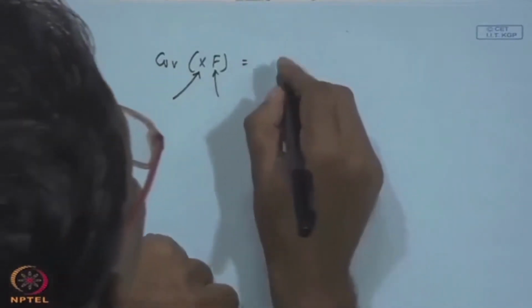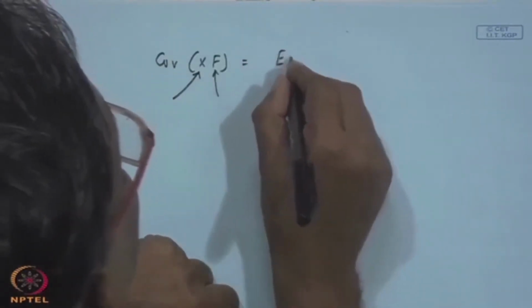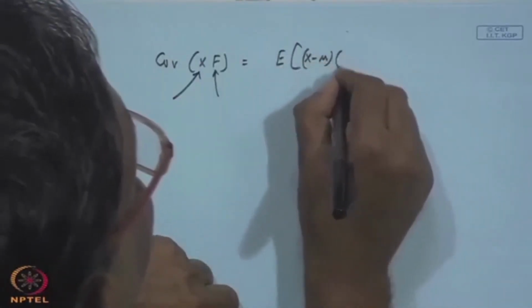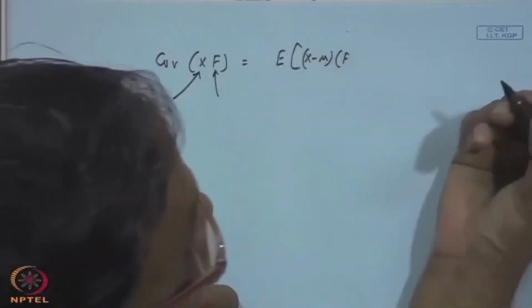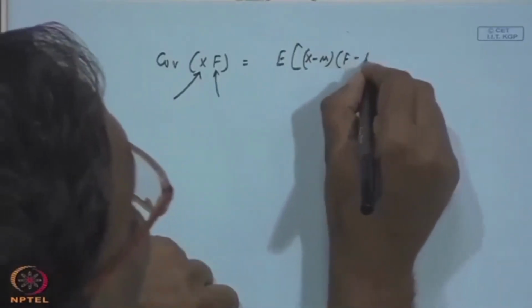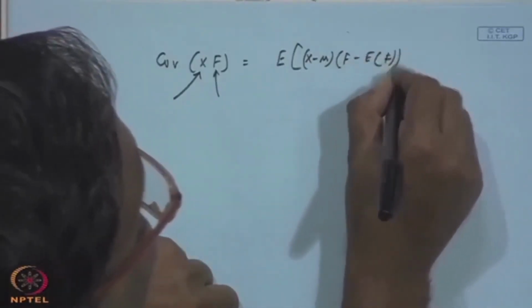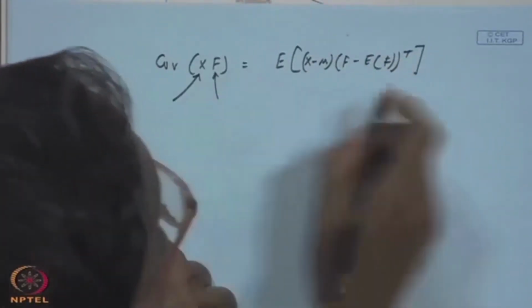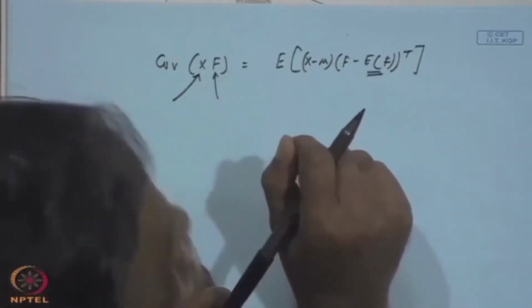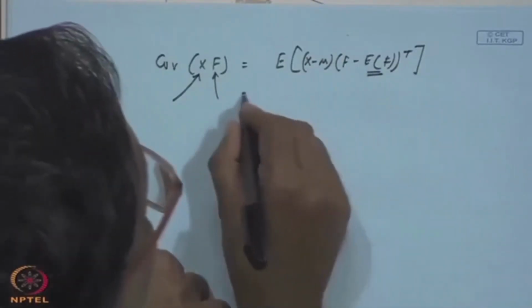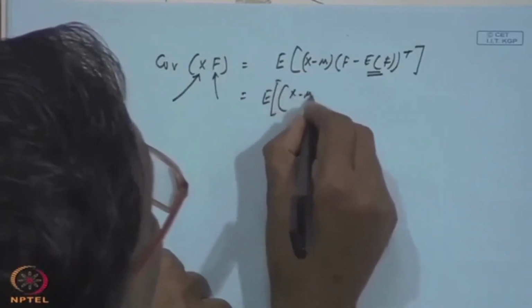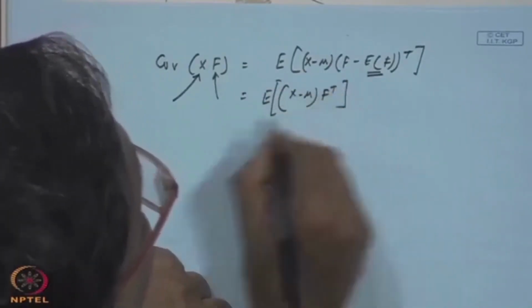So, your expected value of x minus mu and then f minus expected value of f, transpose, that will be the case. Expected value of f is what? 0. So, ultimately this is expected value of x minus mu f transpose.